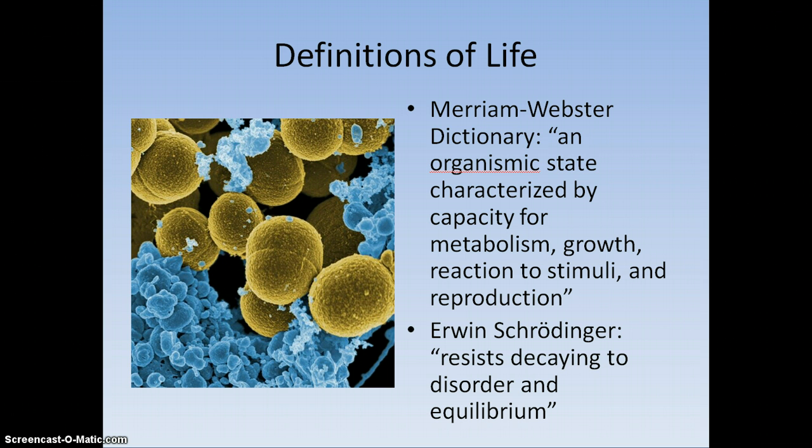And the definition that I like is by Erwin Schrödinger, the famous physicist who also did the cat in a box thought experiment. He described life as resisting decaying to disorder and equilibrium. So that has to do with entropy, whereas a living system resists entropy, which is disorder.